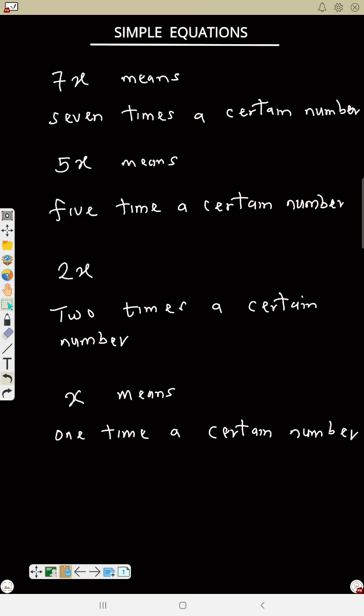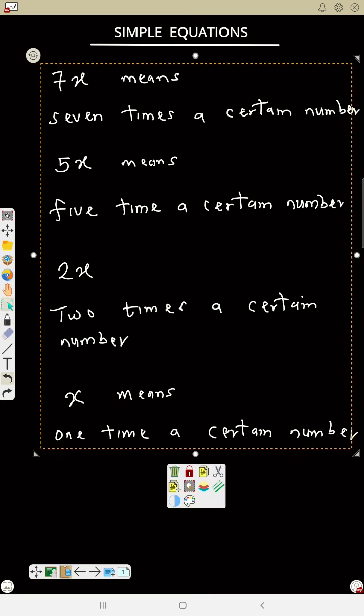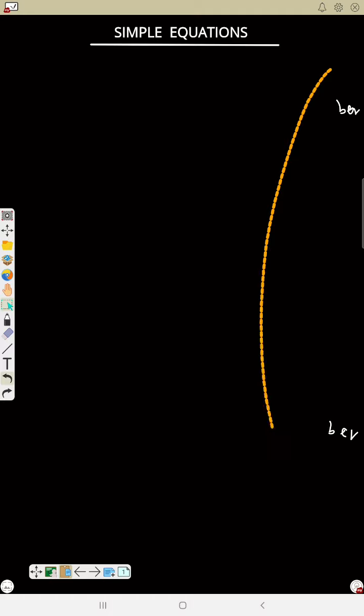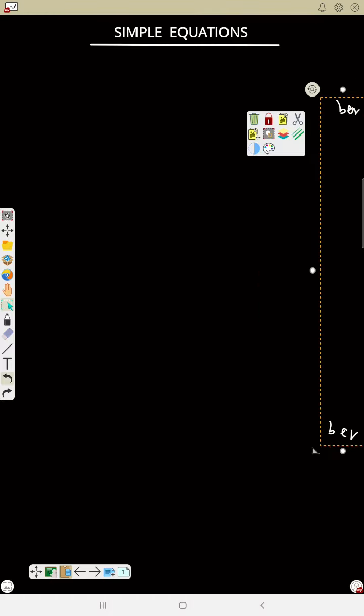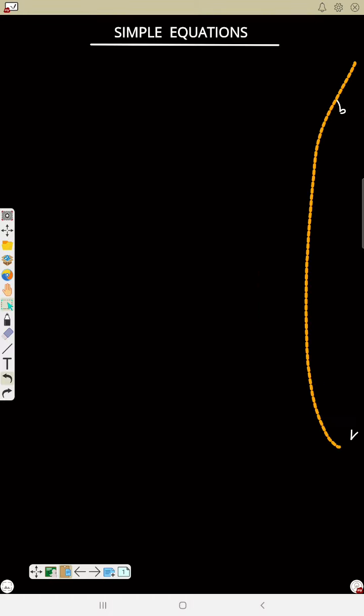So now tell me the meaning of this equation. 7x plus 2. So what is the meaning of this equation? Start with this one. So this one will be the first one.